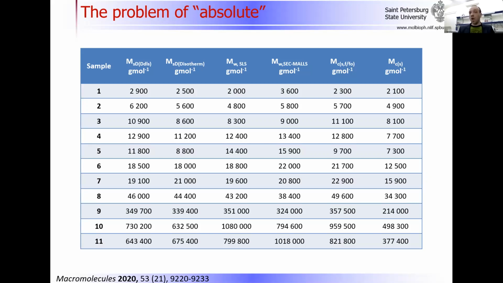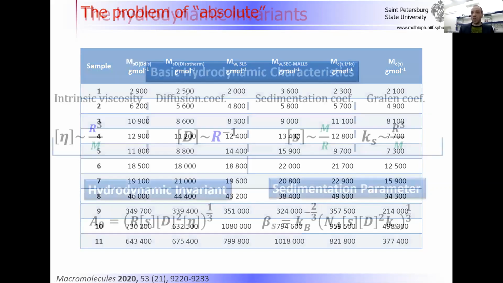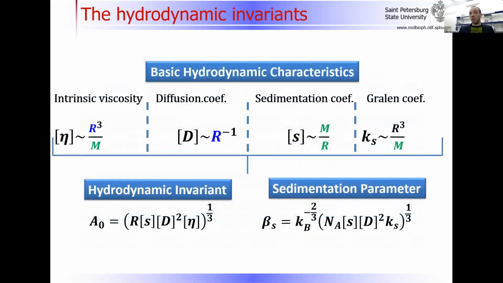So how do we decide which molar mass is correct, which is not, and which diffusion coefficient is okay and which one is not? We apply the concept of the hydrodynamic invariant. All of these characteristics we measure, intrinsic viscosity, diffusion, sedimentation, or the Brownian coefficient, are related to the same basic macromolecular characteristics, the size and the molar mass.